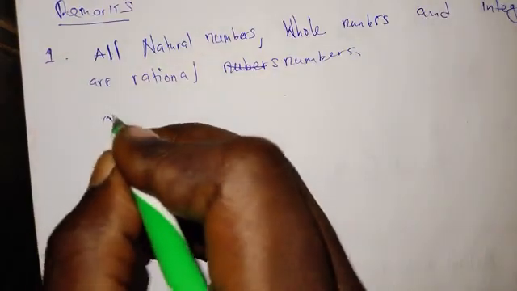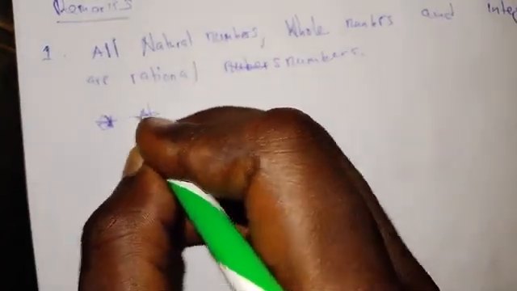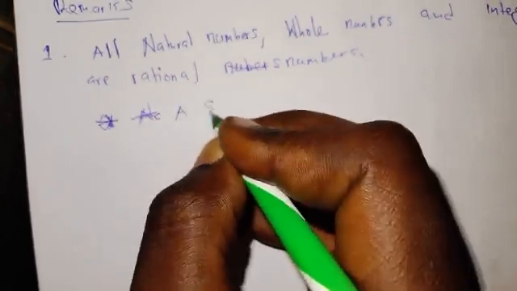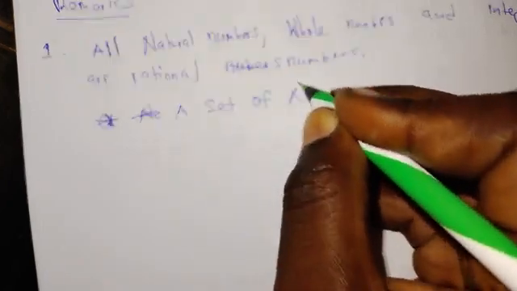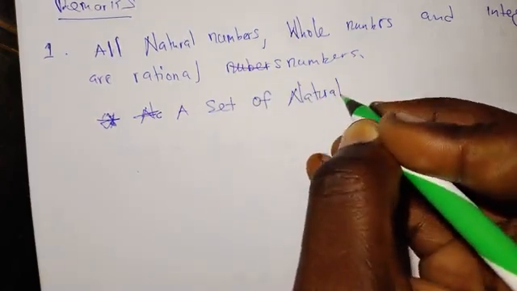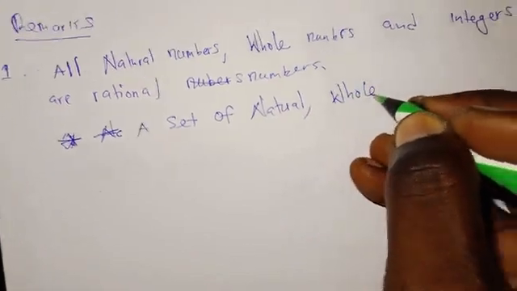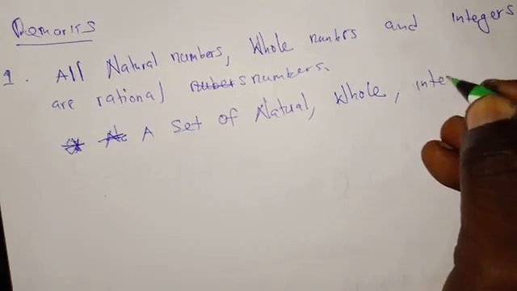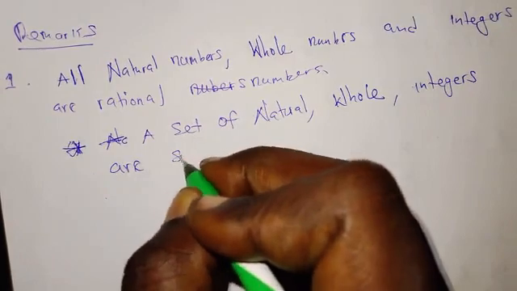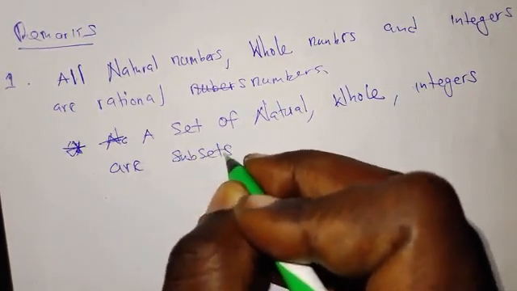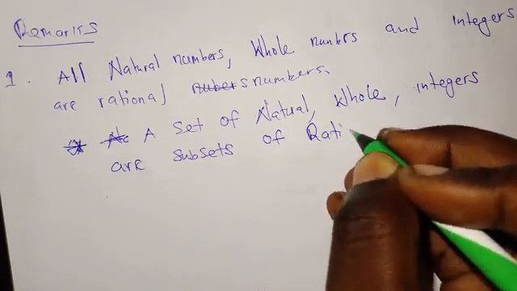That's the concept you're supposed to understand here. In short, the sets of natural numbers, whole numbers, and integers are subsets of rational numbers.